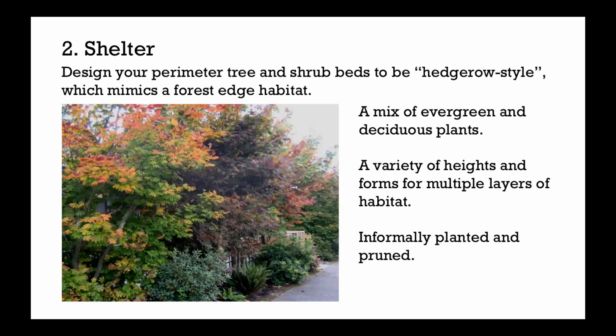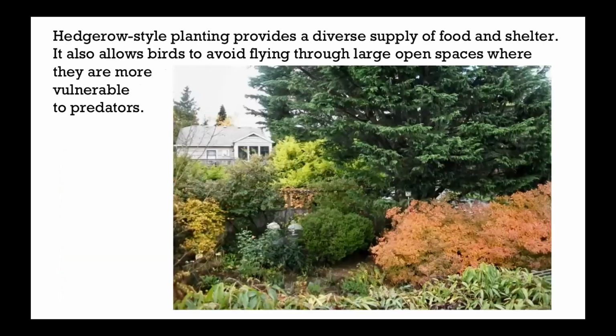Mixing evergreen and deciduous plants in a variety of heights and forms, you're creating multiple layers of habitat. You're planting it and maintaining it informally. You're not doing any shearing or things like that, so that you're really mimicking that habitat that attracts wildlife.